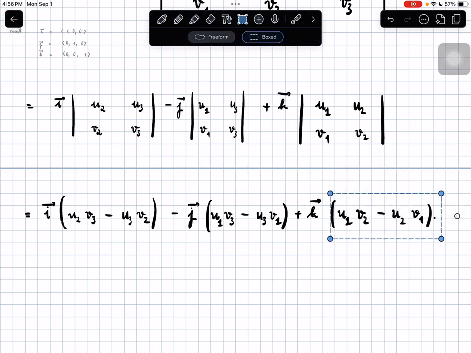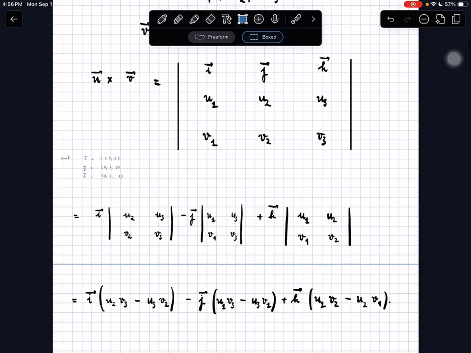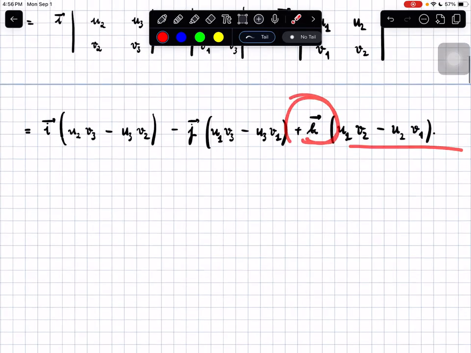This gives us the cross product of two vectors u and v: vector i times this number, minus vector j times this number, plus vector k times this number.